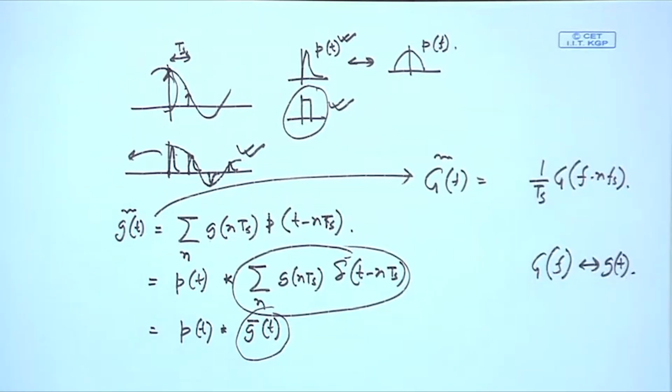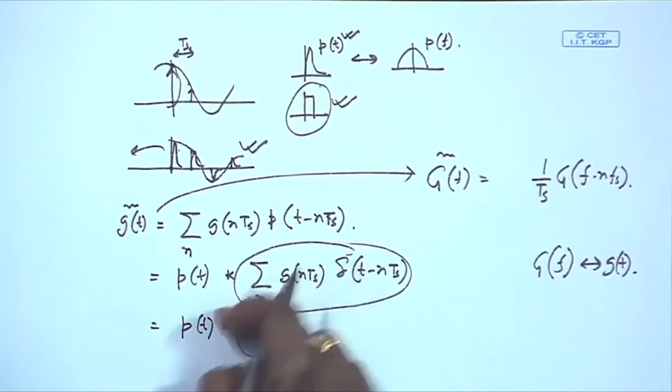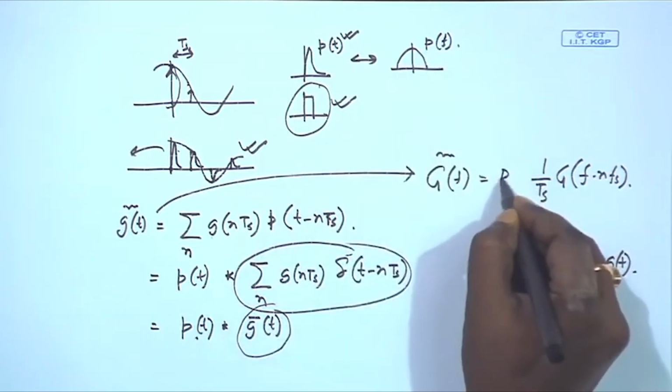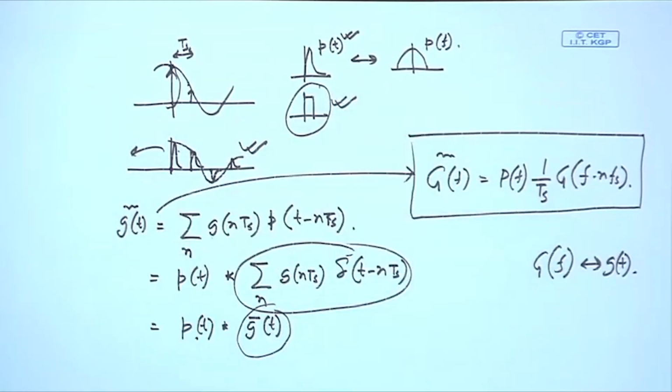This is something we know already: it is a band limited signal, and our f s also follows the Nyquist criteria. So this is the Fourier transform of g hat t. P t I know, p f. So that should be my overall Fourier transform.